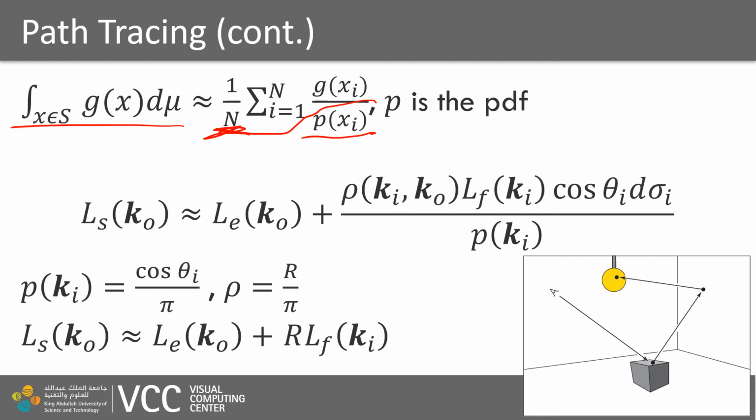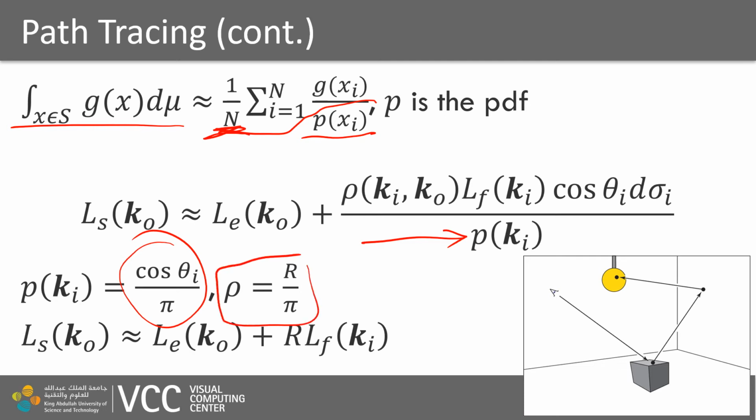The probability density function in this case can be just a cosine density function if we are modeling diffuse surfaces.